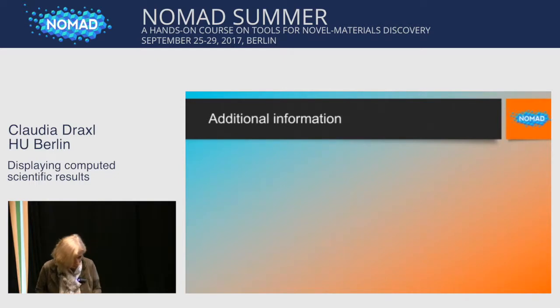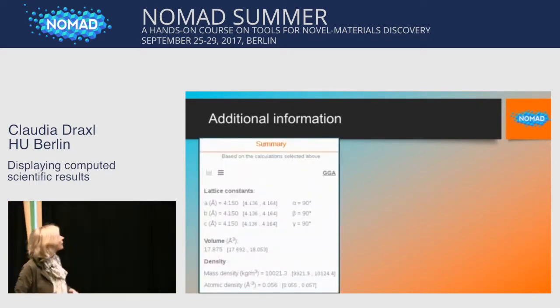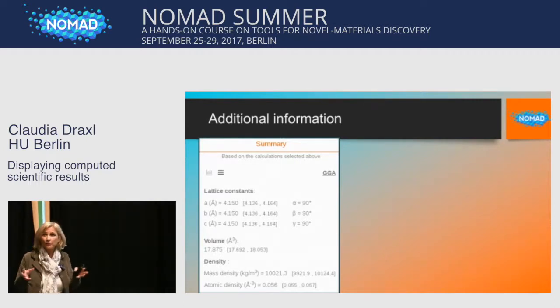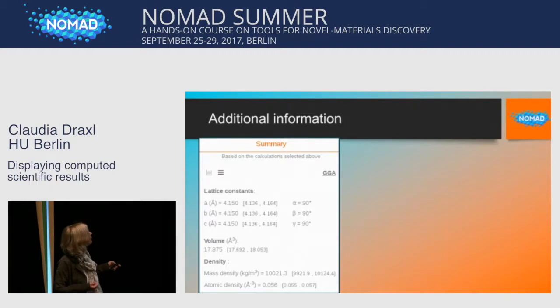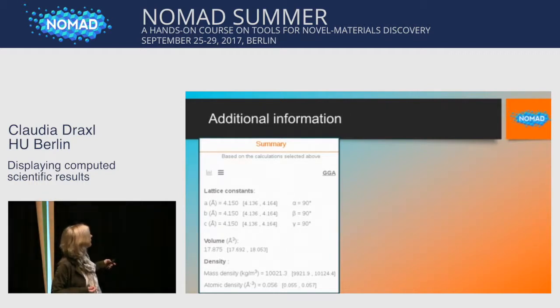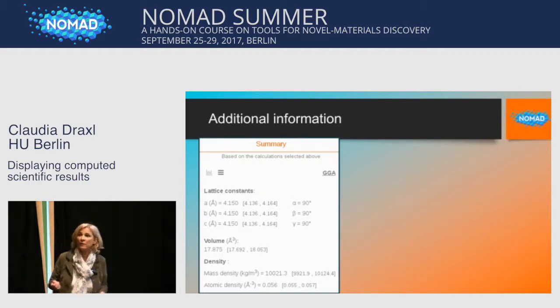So what else do we have implemented at the moment? Additional information. As I said before, if you select a few calculations, you will get some statistics on this. This is a summary. For instance, now this is a summary for all the GGA calculations we have in here. It tells us that the minimum or average lattice parameter is this value here, but this is the range of calculations that you have selected.